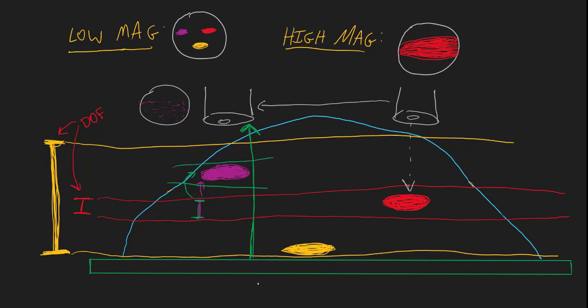That depth of field is much, much smaller at higher magnifications. It means there's a much narrower slice of the image that's actually in focus when you're at high magnification. Okay? It's another one of these inverse relationships between magnification and another characteristic of the image.